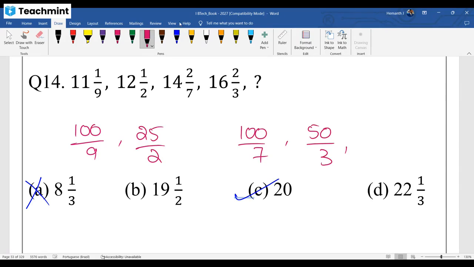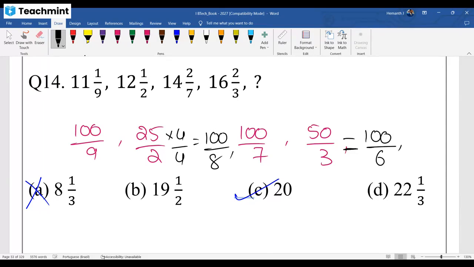Now, see this. I have 100 by 9, 100 by 7, right? Can I get 100 by 8 in between? Multiply by 4, divide by 4. We are getting 100 by 8. Yes. 100 by 9, 100 by 8, 100 by 7, and 50 by 3, multiply by 2, divide by 2, 100 by 6 is possible.